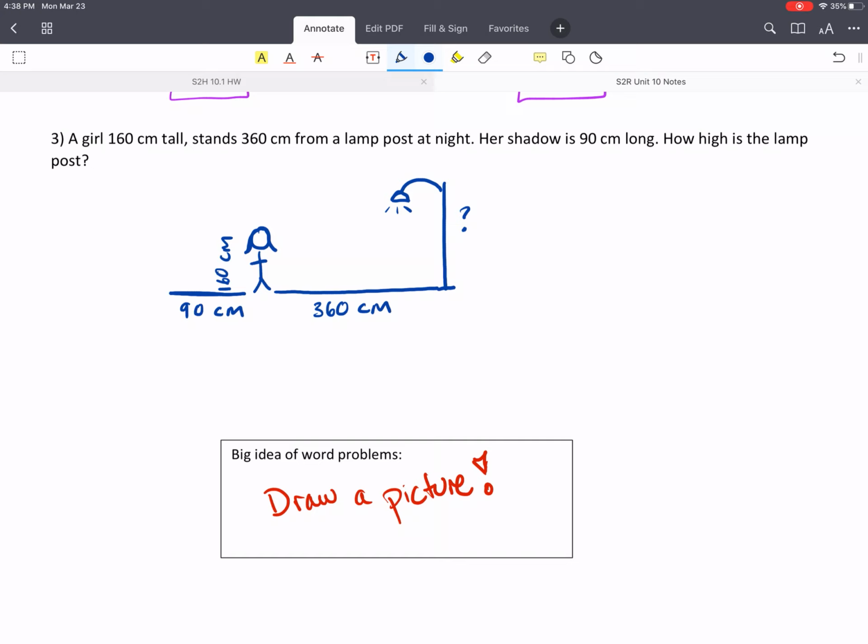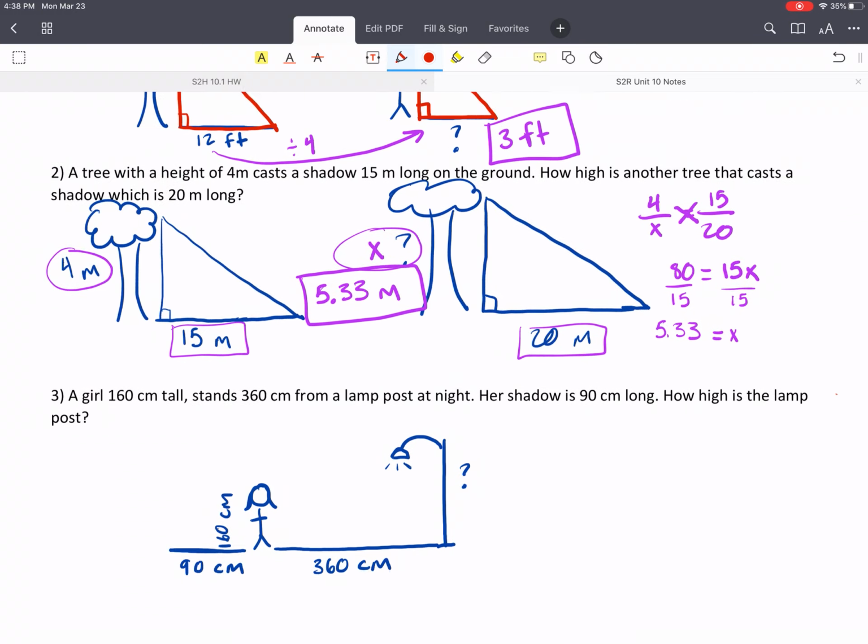Okay, this one is a little bit more tricky because I know your temptation is to say, oh look, 2 triangles. Remember the only reason the other ones were similar was because of the sun and the angle of the light creating that same angle.